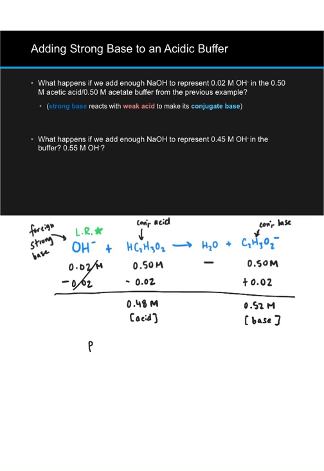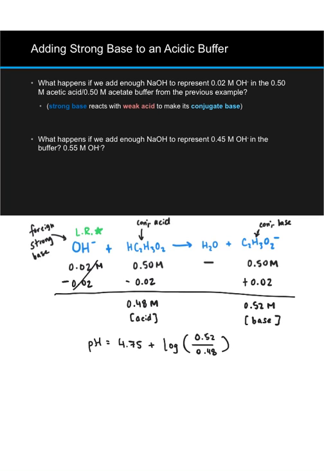According to the Henderson-Hasselbalch equation, pH is equal to the pKa. Again, the pKa is 4.75 for this buffer, plus the log of the concentration of our base, 0.52, divided by the concentration of our acid, 0.48.